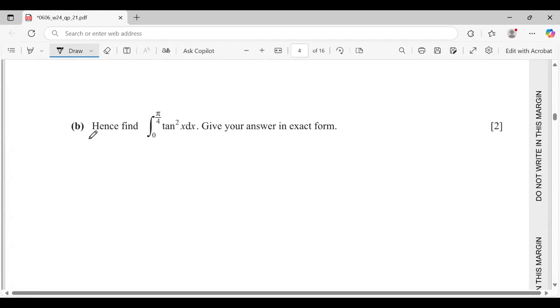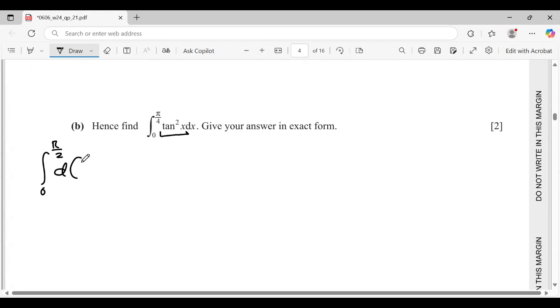B. Hence find the integral from 0 to pi quarter of tangent squared x dx. Give your answer in exact form. So I would like to find the integral of this expression.